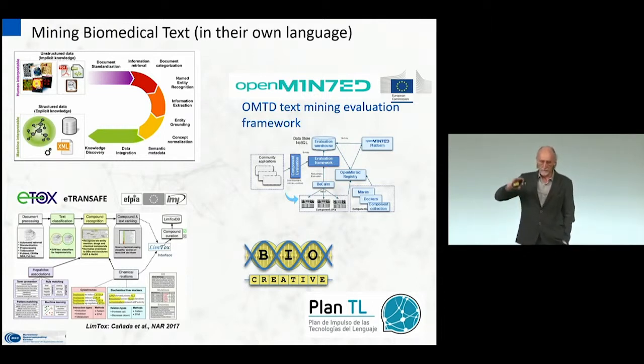There are developments related with information extraction at many different levels, and there are infrastructures. OpenMinted is a European infrastructure, in a sense equivalent to what is Elixir in the domain of bioinformatics, dedicated to provide methods and systems for extracting information in biological terms, or biomedical terms.